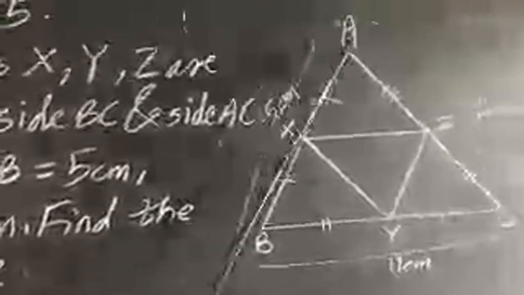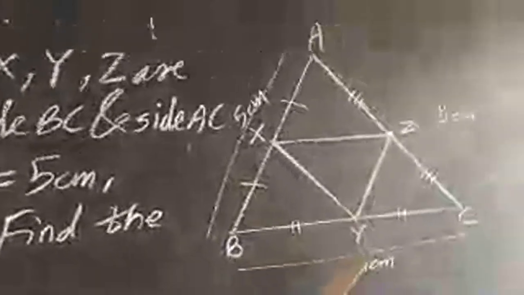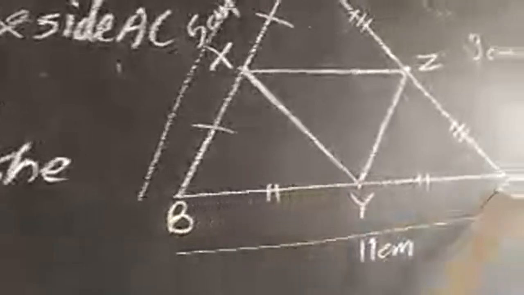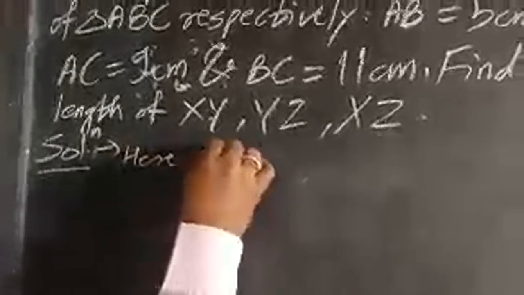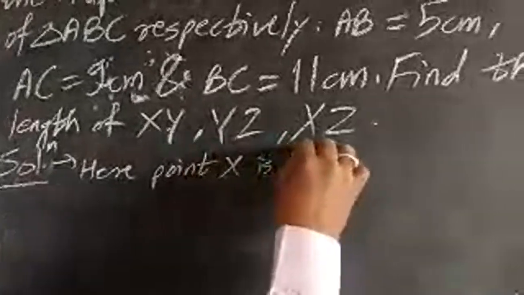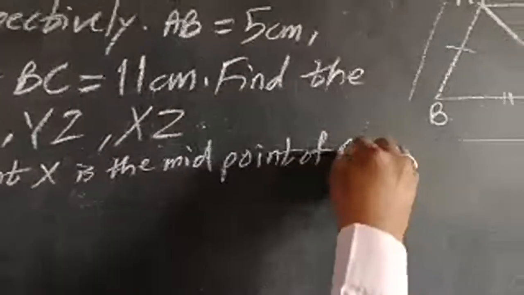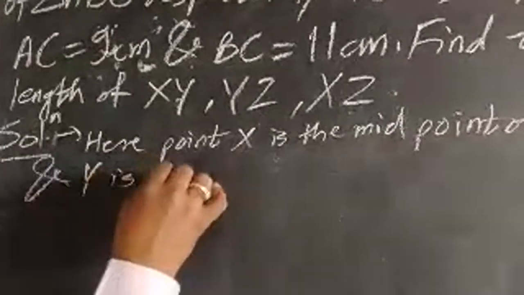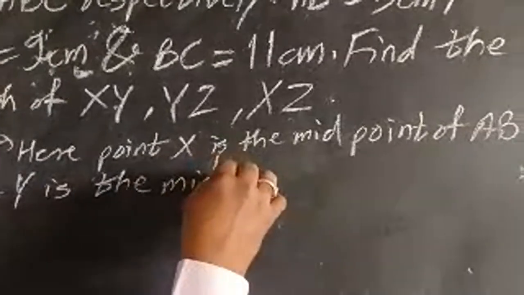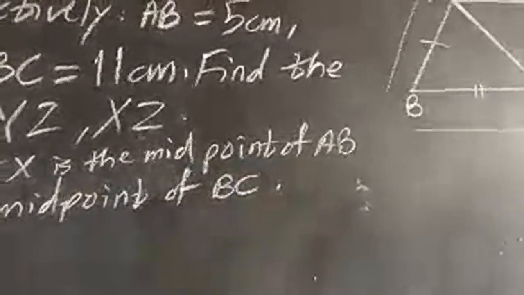Which are the midpoints? Point X is the midpoint of segment AB and point Y is the midpoint of segment BC. Yes, we write here: point X is the midpoint of AB and Y is the midpoint of BC.